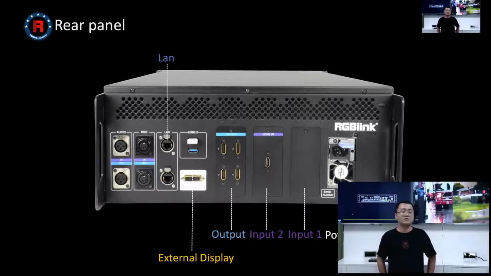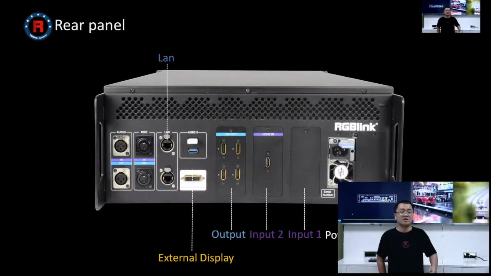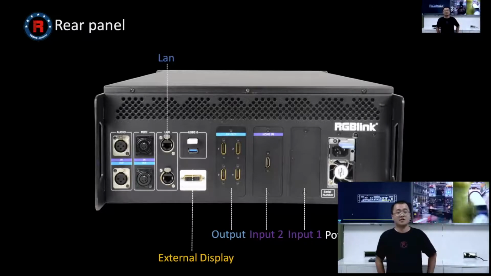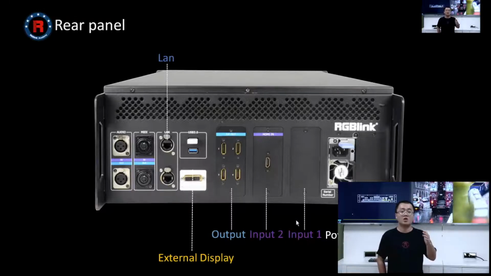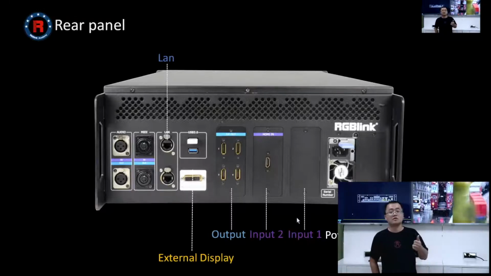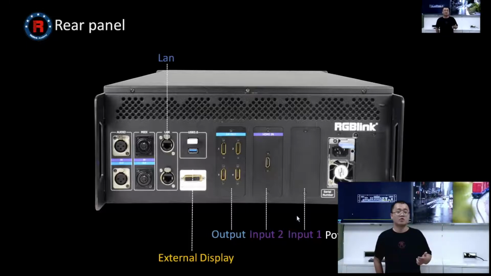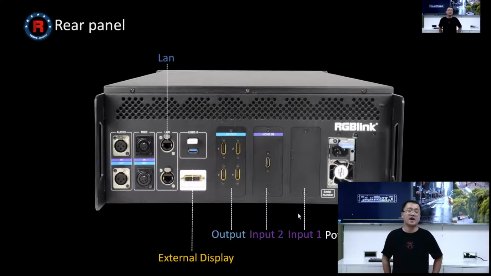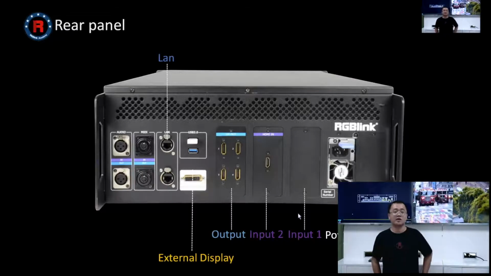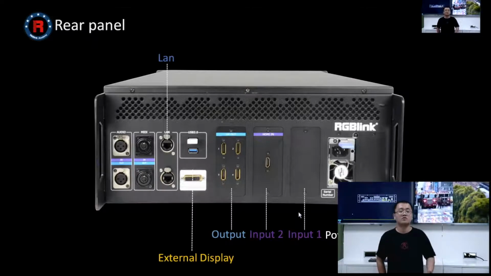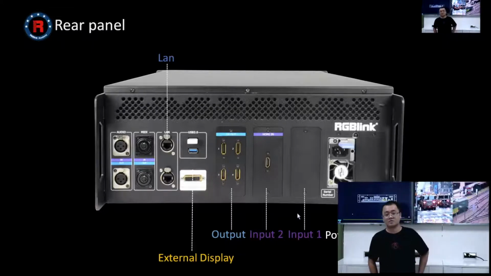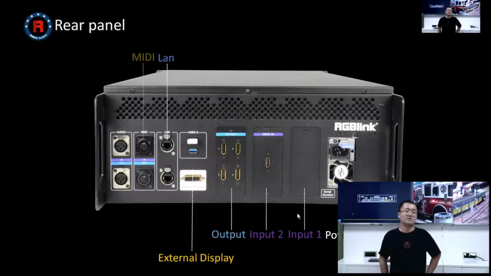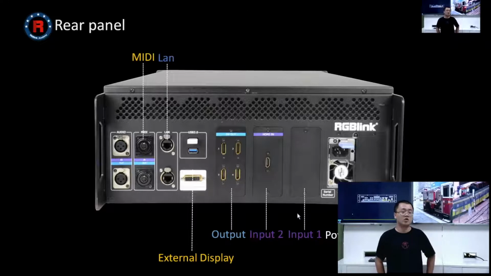Does anyone know about the function of this one? This MIDI port is to connect to audio makers or synthesizers in the broadcast industry. Most of them used MIDI ports before, but for now, most of them use USB ports. And the left is audio.